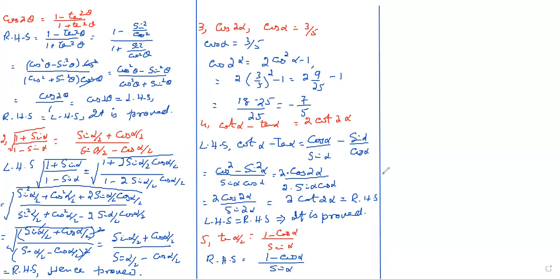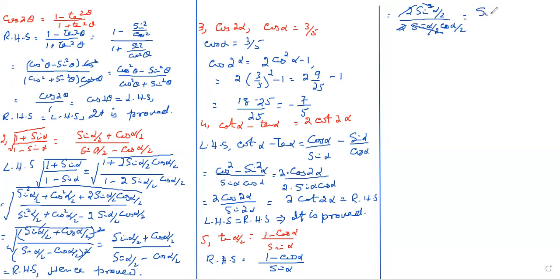Right. So using the half angle formulas, on the numerator it is 2 times sine square alpha by 2, and the denominator is 2 times sine alpha by 2 cosine alpha by 2. This 2 got cancelled with this 2. Sine alpha by 2 got cancelled with one of the values on the numerator.